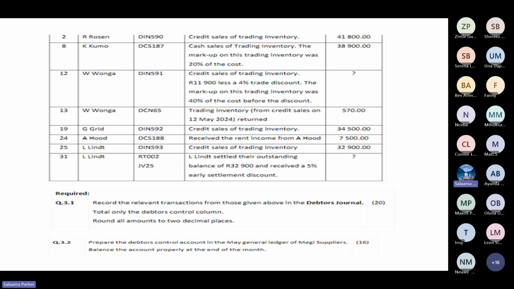But what I did was, so that we could also revise the previous subsidiary journals, like the cash book receipts, I have also given you the answers for that.